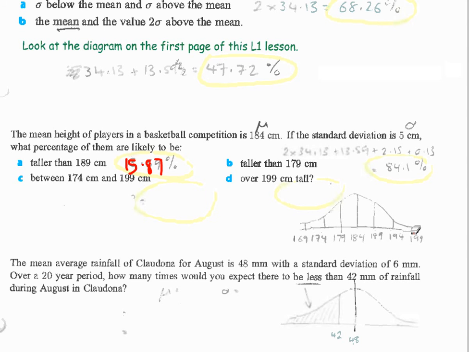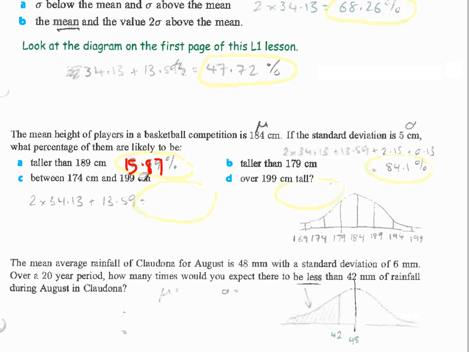So you've got 13.59. So basically, I just did 174. So I did 34.13 plus 34.13 by doubling it, plus 13.59. Plus I need to add these ones as well, don't I?